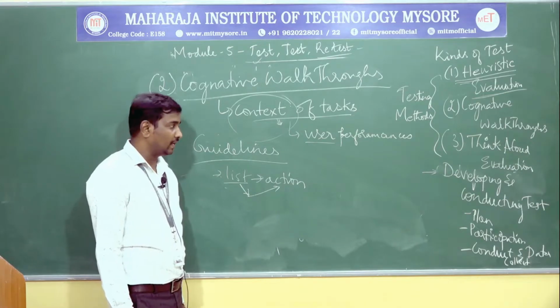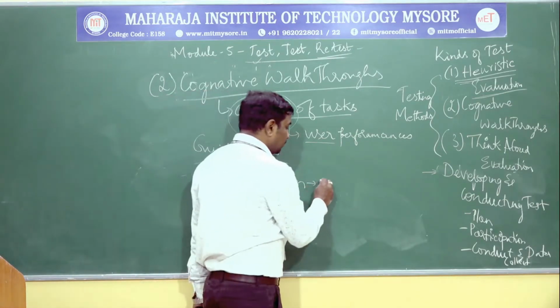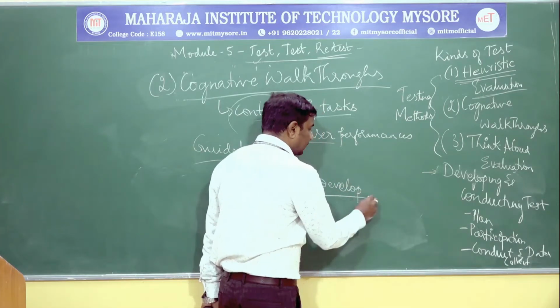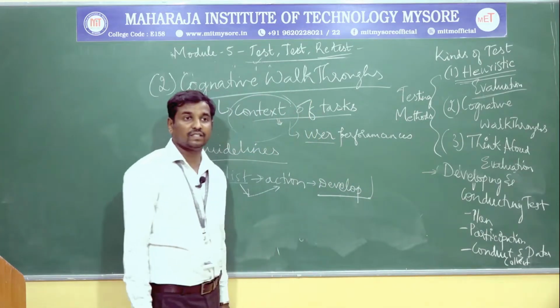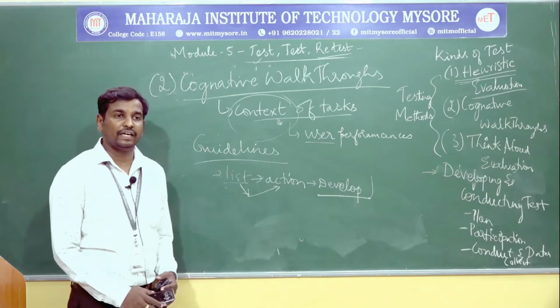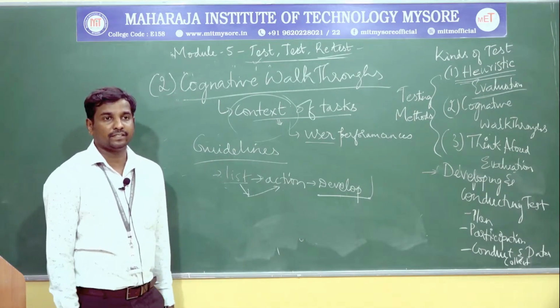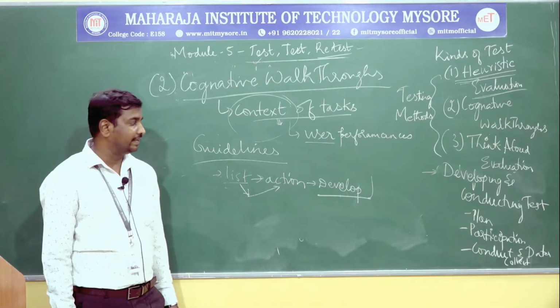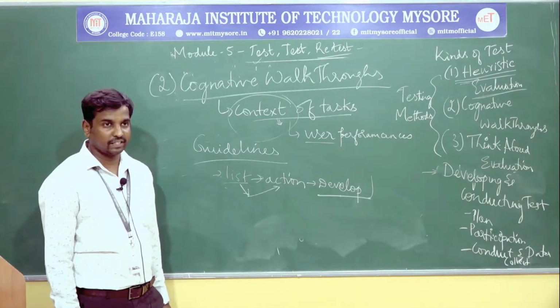That depends on the developers who developed the prototype for the cognitive test. That is the main thing. When doing this type of operation, it may take 60 to 90 minutes as per the experiment.